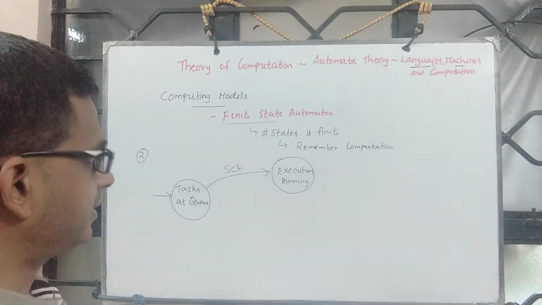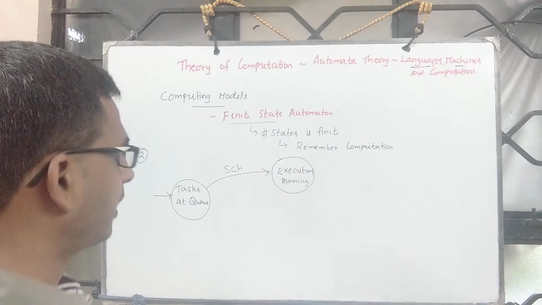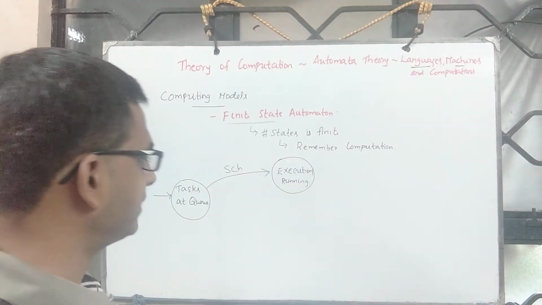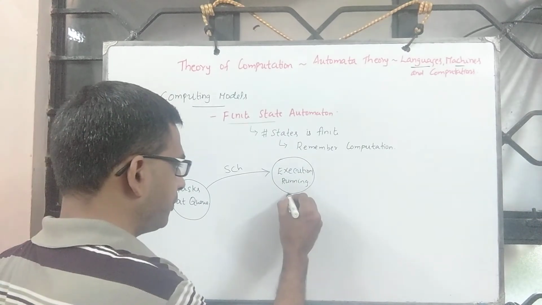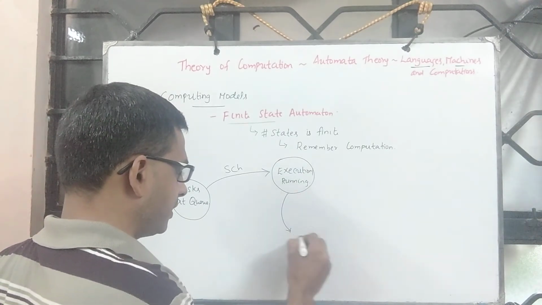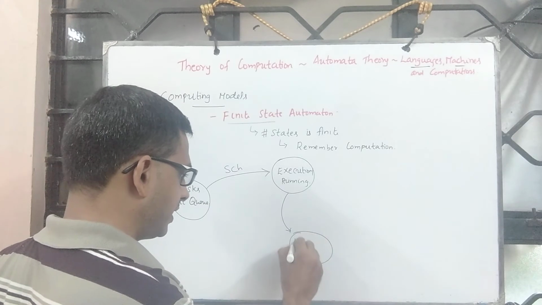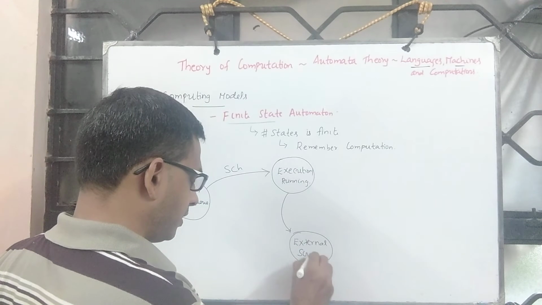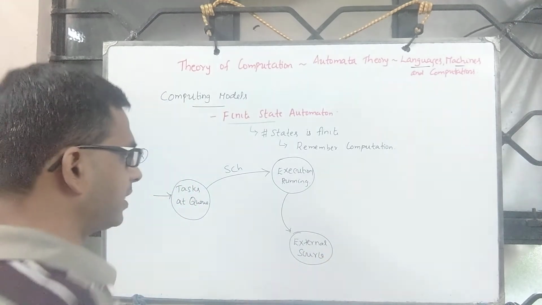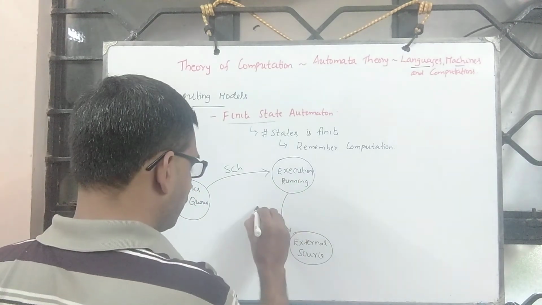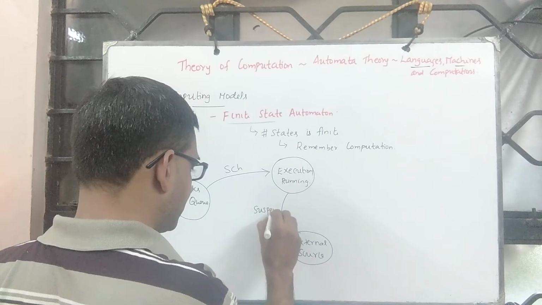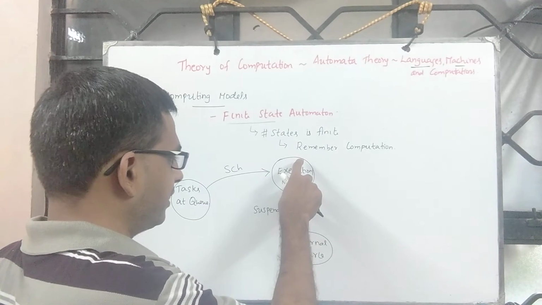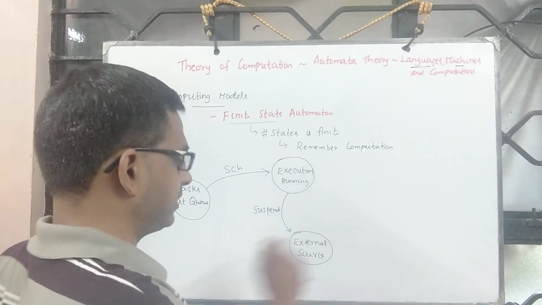Now, while it is executing, the task or the underlying processor identifies that it requires some input from an external source or some input output device. What happens? It moves to this, let me call this one suspend. From the current execution, it is suspended and moved to this.